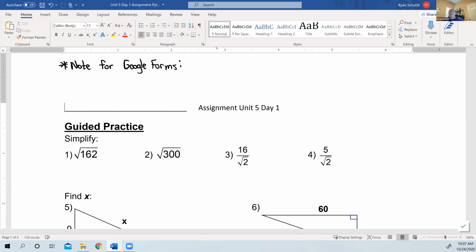If you're completing this in Google Forms, so you're probably a virtual student watching this online, let's say you want to enter the square root of 3. You would type square root and put a 3 inside.